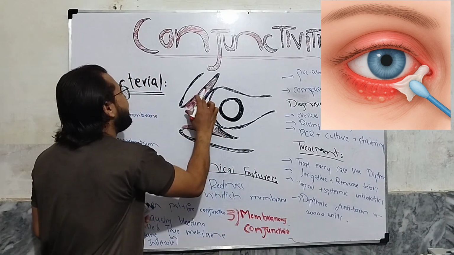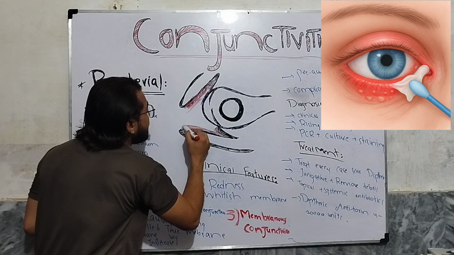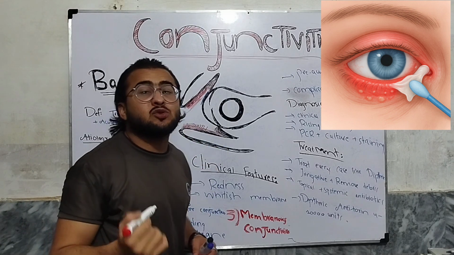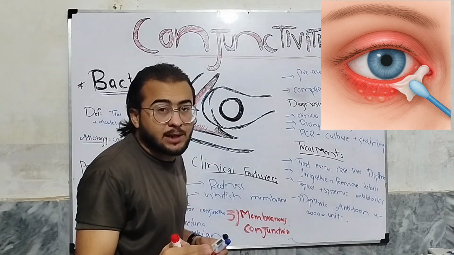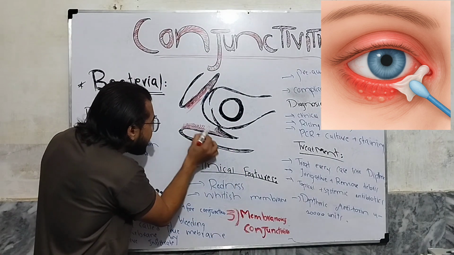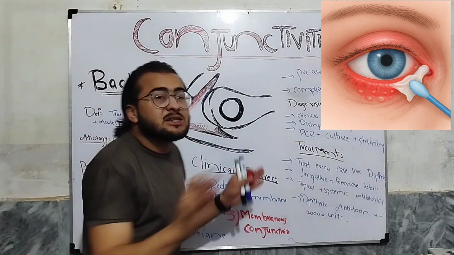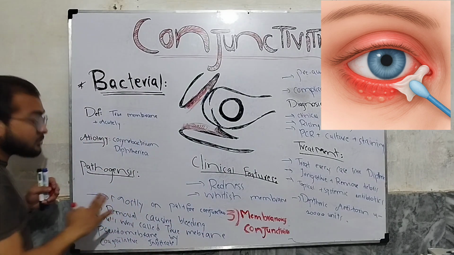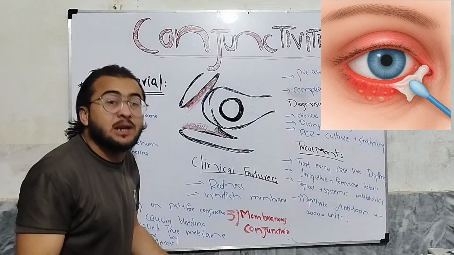When there is inflammation and accumulation of coagulative exudate, it forms a pseudomembrane. Removing this membrane does not cause bleeding, unlike the true membrane which does.